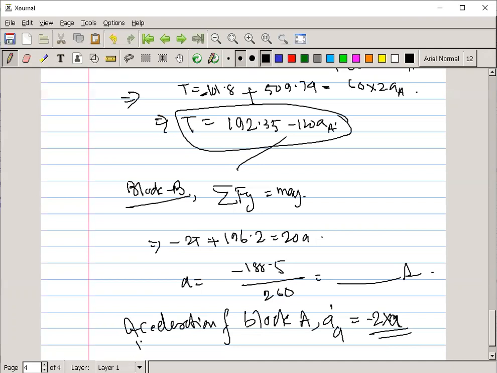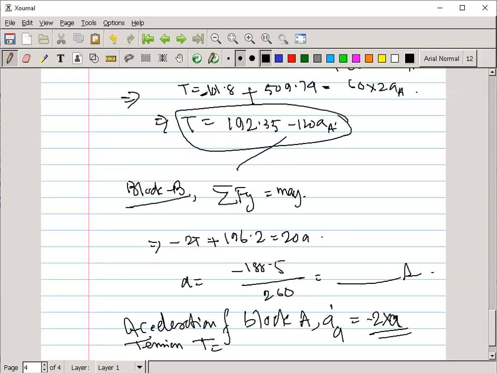Now the tension T, how much is the tension in the rope? When they are moving, what is the condition of writing the tension?